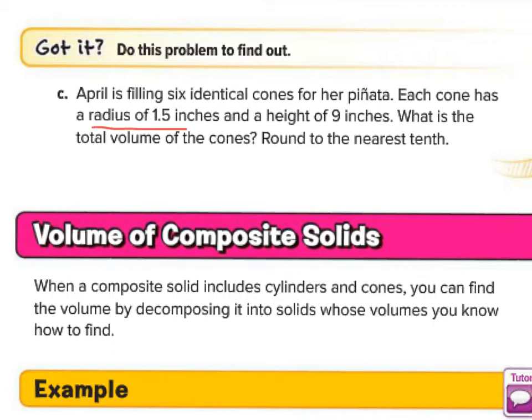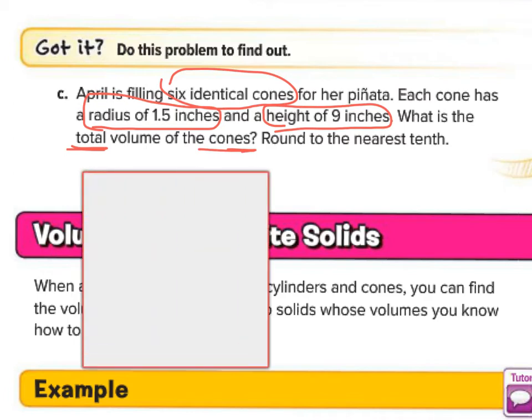We are being given the radius, the height, and they're telling us that there are 6 identical cones. That's important because they want the total of the cones. Notice, plural. So whatever answer we get for 1, we have to multiply times 6. So go ahead, pause the video, and try this on your own.